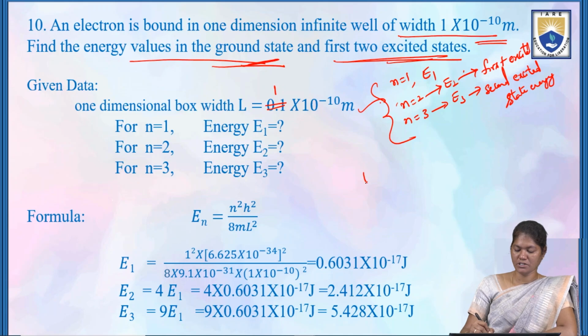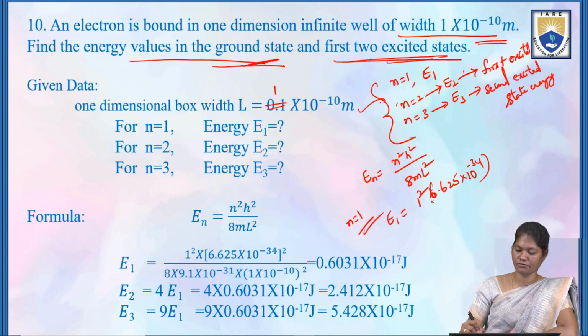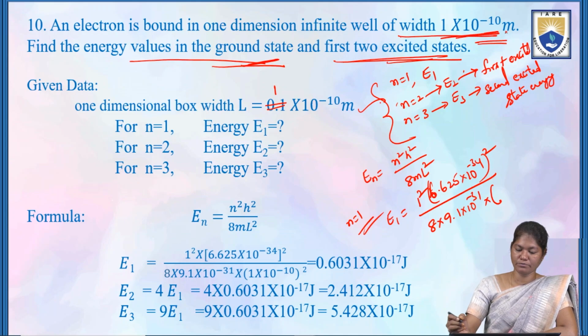So for one dimensional, En is equal to n square h square by 8mL square. So E1 is equal to, n is equal to 1, 1 square h square. H square is (6.625 into 10 power minus 34) whole square divided by 8 into 9.1 into 10 power minus 31, where the width of the box is 1 into 10 power minus 10 meters, so (1 into 10 power minus 10) square.